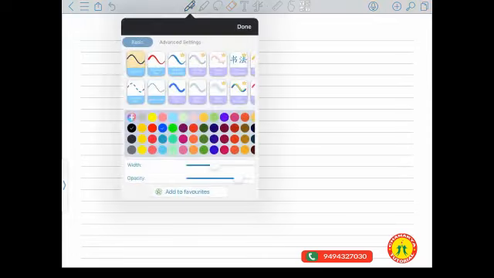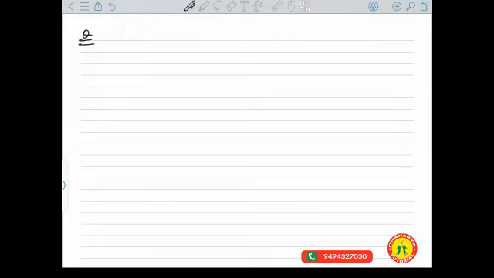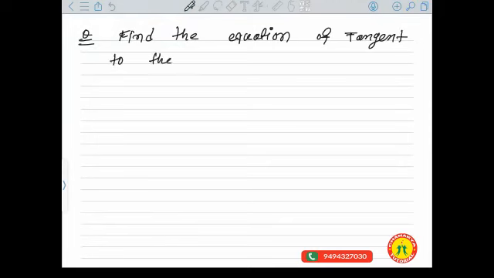Question is, find the equation of tangent to the hyperbola that is x square minus 4y square equal to 36.